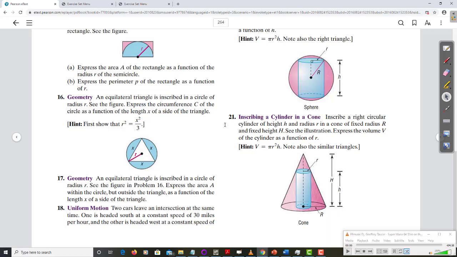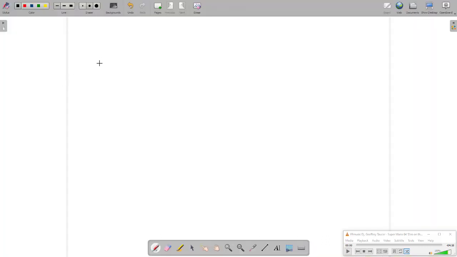So if you look at the equilateral triangle, I'm just going to bring this up. If we have an equilateral triangle, x, x, x, and we know this is r. Well, how do we find the relationship between x and r?